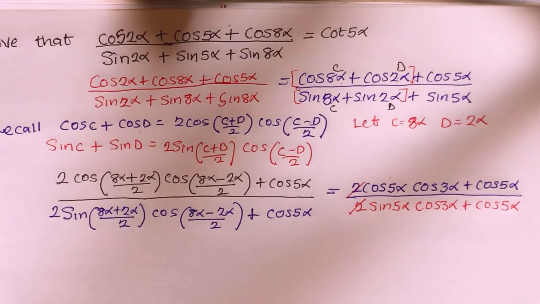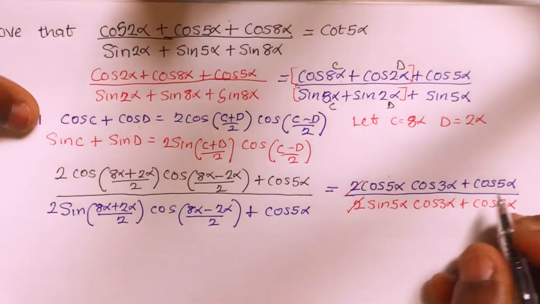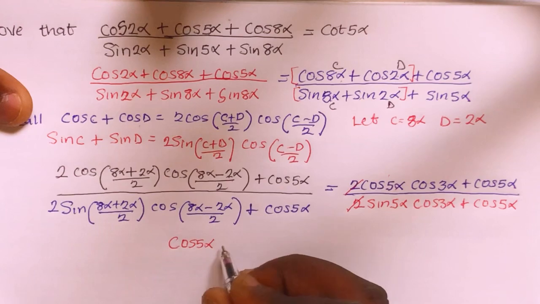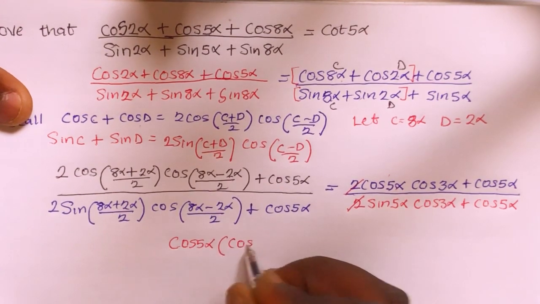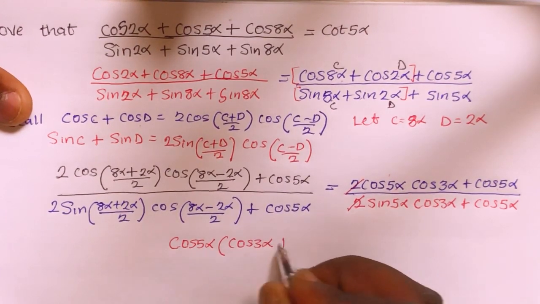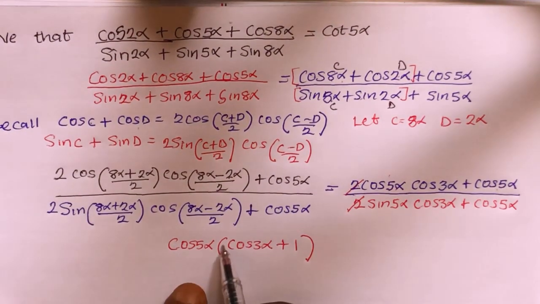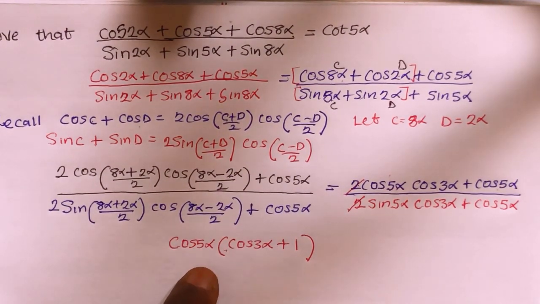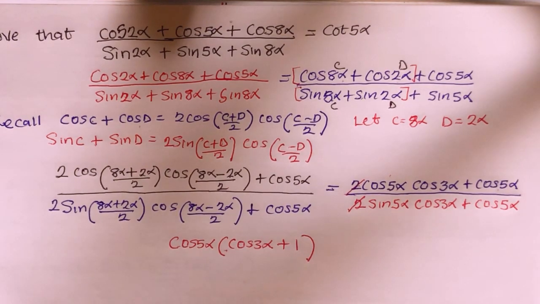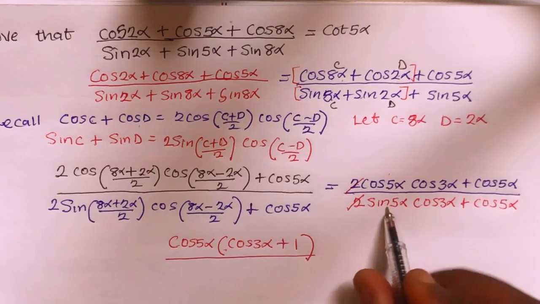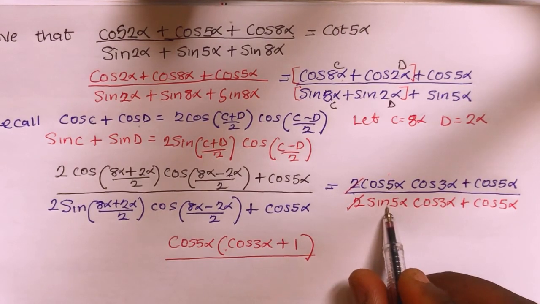If I factorize my cos 5 alpha out, I have cos 5 alpha into brackets, cos 3 alpha plus 1. The reason why I cancel out these two is that I'll be having 2 here, which I'll later cancel out. It's still the same thing. All divided by cos 5 alpha here.